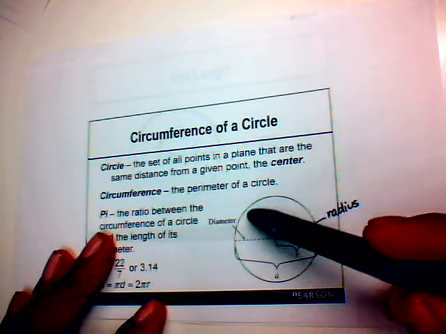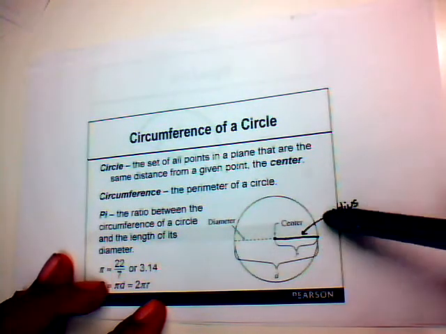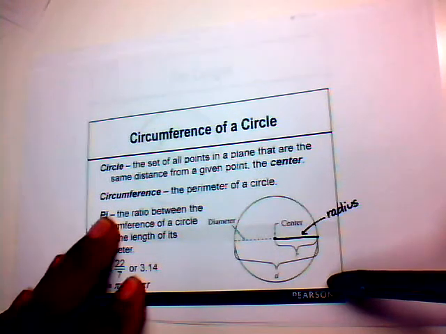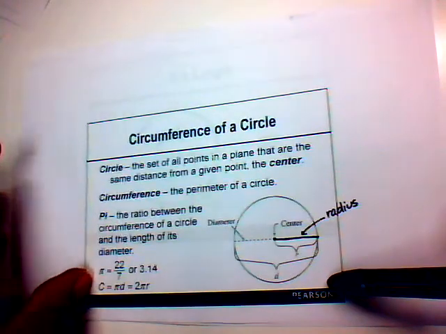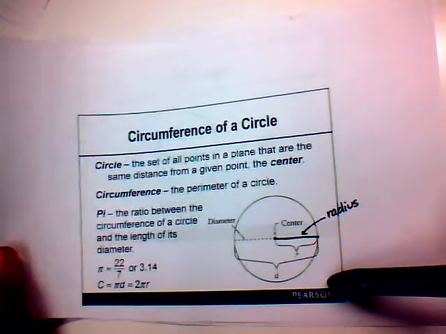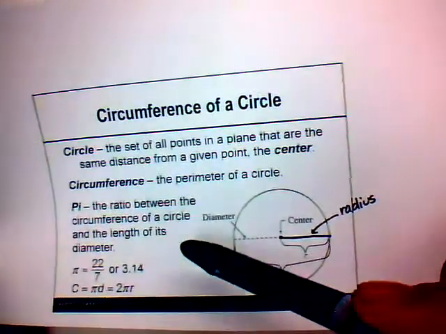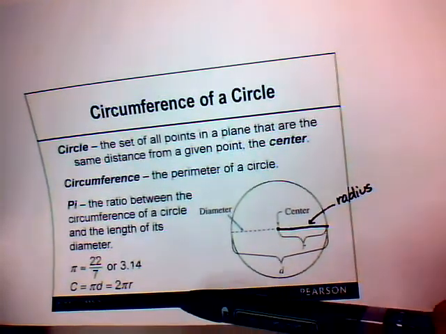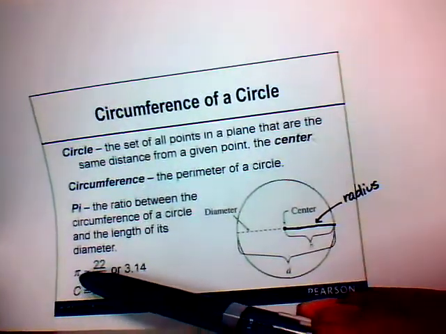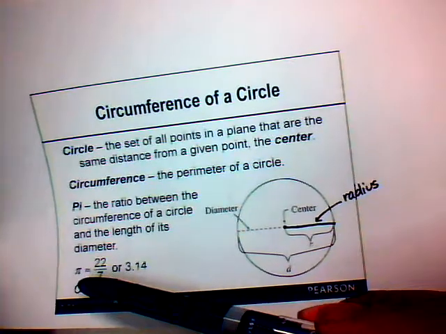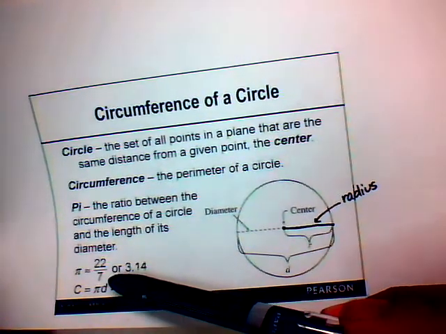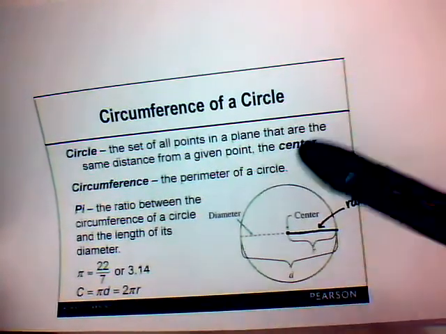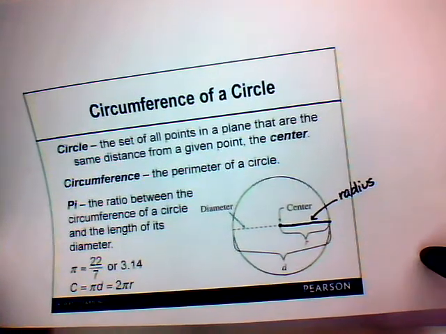That's the distance around the entire circle. And also the Greek letter pi. That's the ratio between the circumference of the circle and the length of that diameter. And it's equivalent to 22/7, or as a decimal, 3.14.